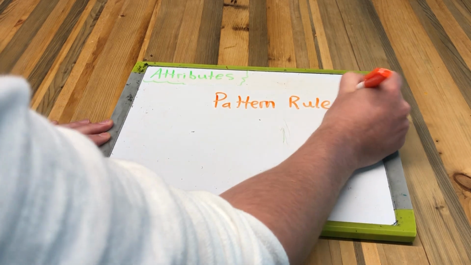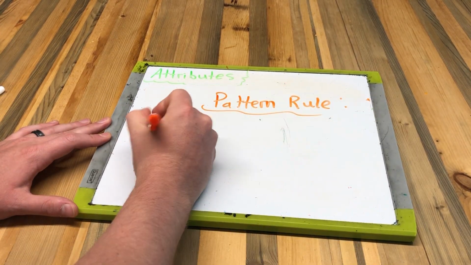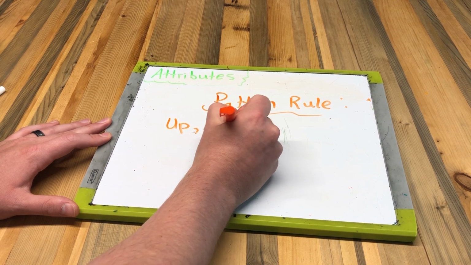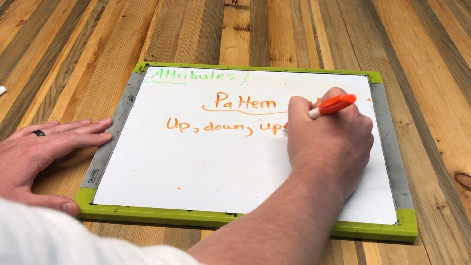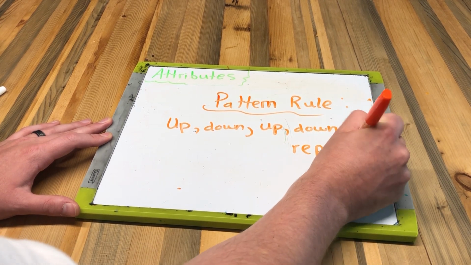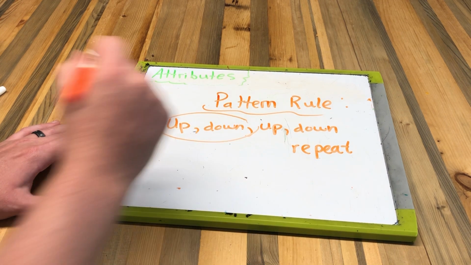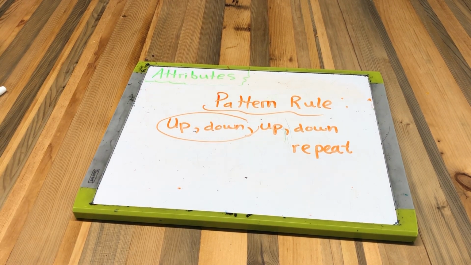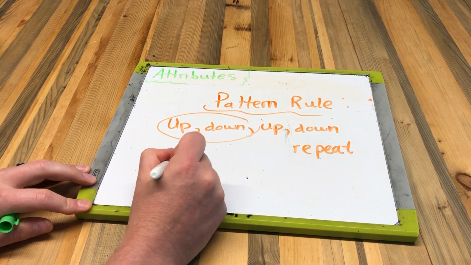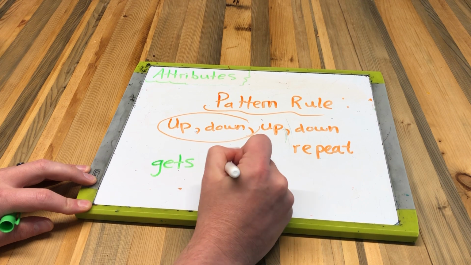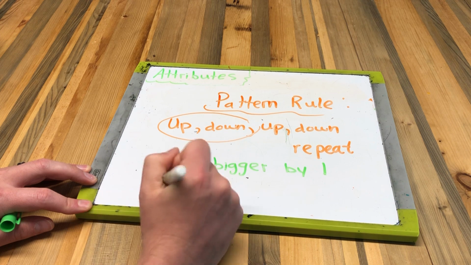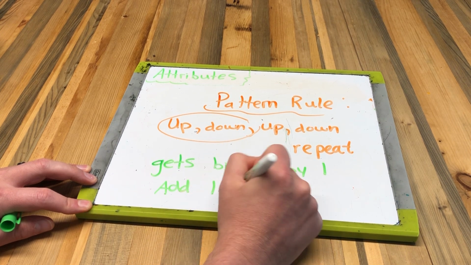The pattern rule for that arrow pattern would be: it's up, down, repeat, right? It's the up, down part, up, down, that keeps repeating. The second pattern rule gets bigger by 1, or add 1 each time.